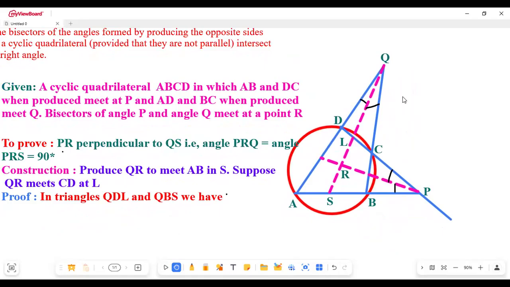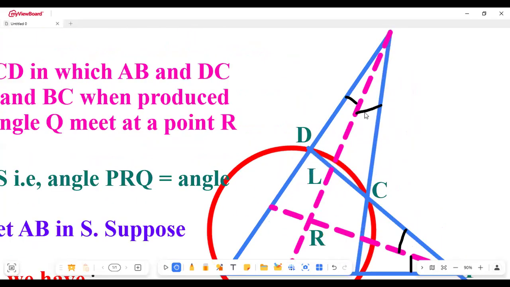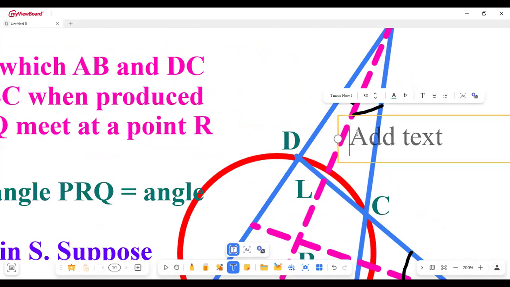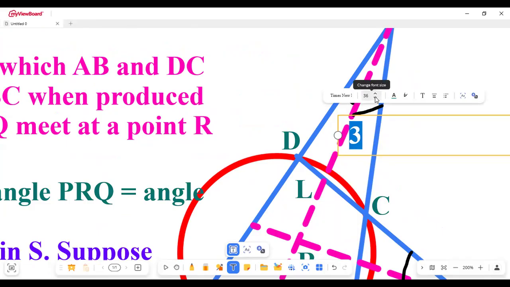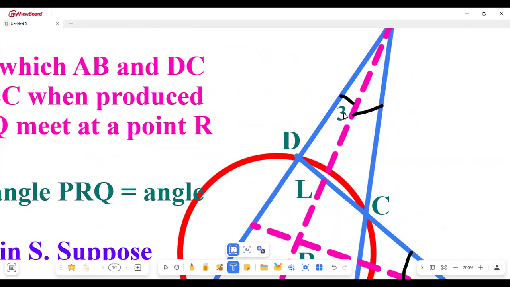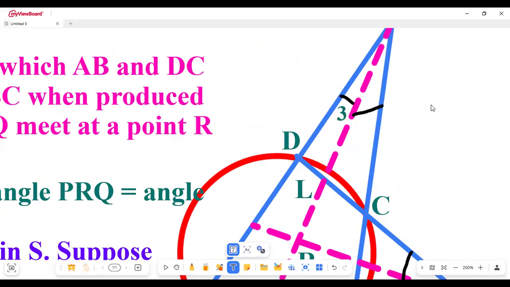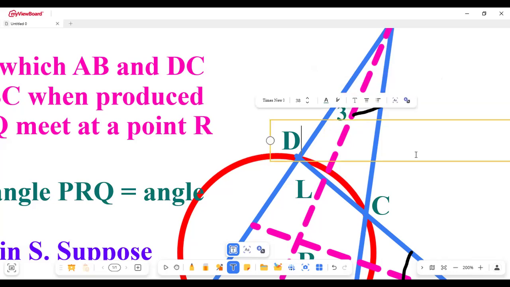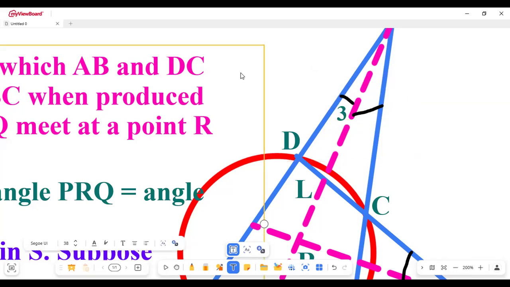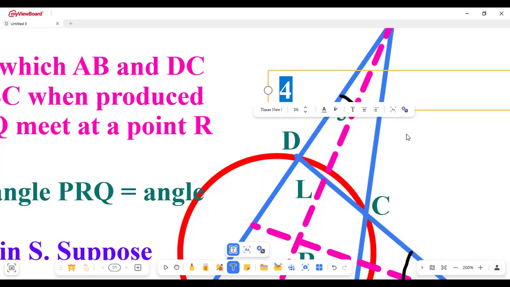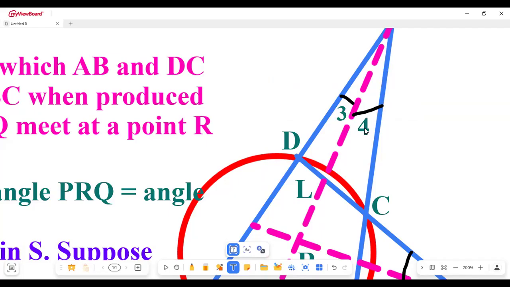We are mentioning this one as angle 3, and this one will be 4.